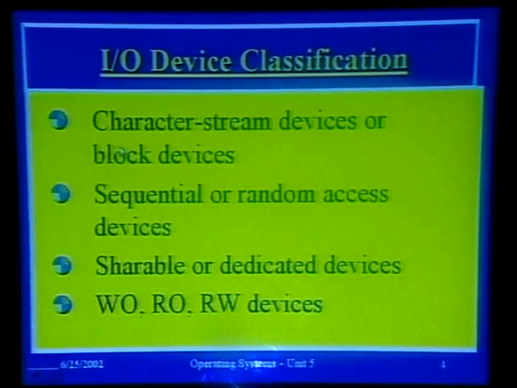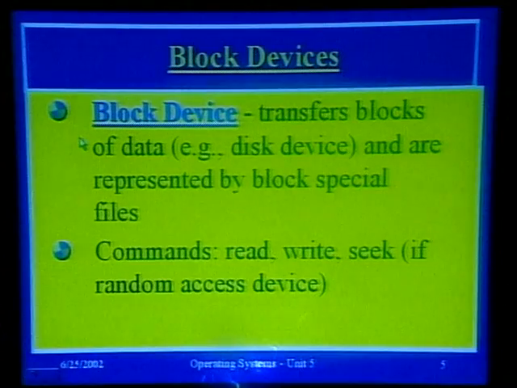As I mentioned, character stream devices or block devices, sequential or random access devices, shareable or dedicated devices, write-only, read-only, read-write devices. You'll recall the block devices transfer blocks of data, for example, disk devices. And we previously also learned that the disk devices are represented by block special files in the operating systems.